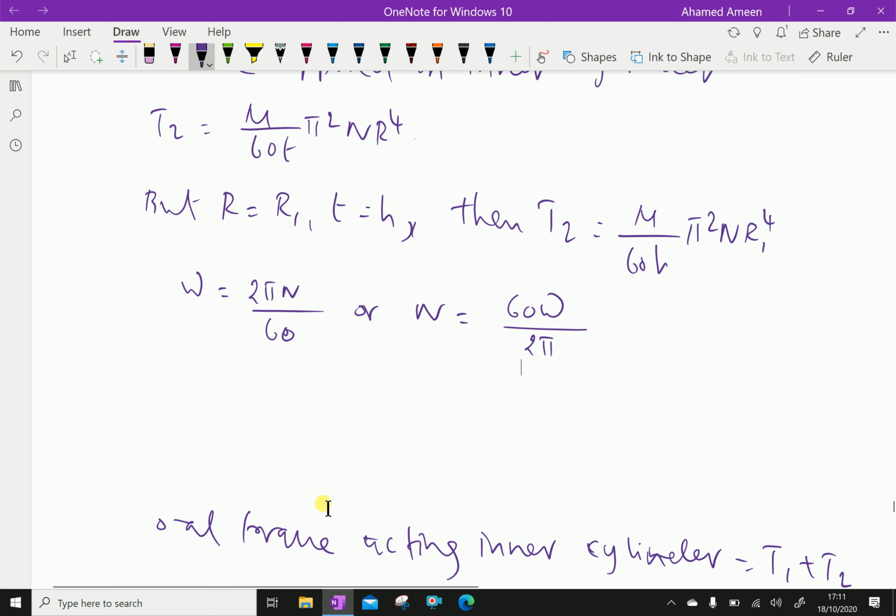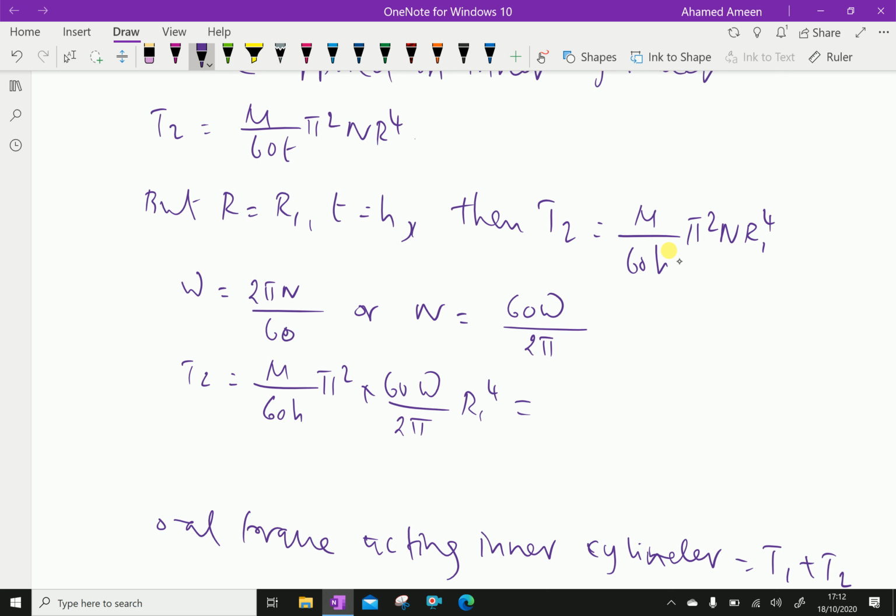Substituting this, T2 equals mu over 60h pi squared into 60 omega over 2 pi into R1 power 4.